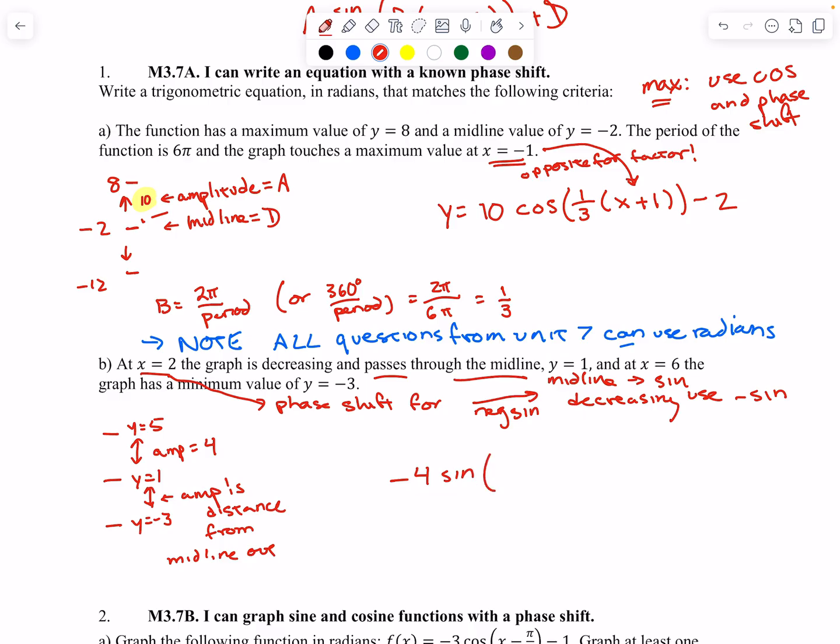Now I need to figure out the period. So at 6, it's at a minimum. Just be aware, if you look at a graph, midline to minimum is a fourth of the period. So if this is x equals 2, and this is x equals 6, then my period is 4 times that much.